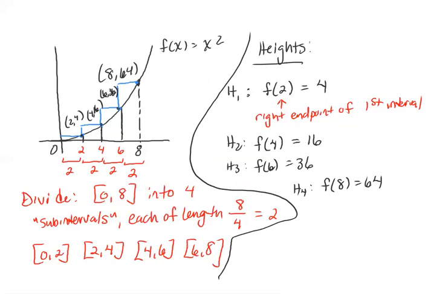The area, which maybe I'll call the area R4, is the approximate area using 4 rectangles.